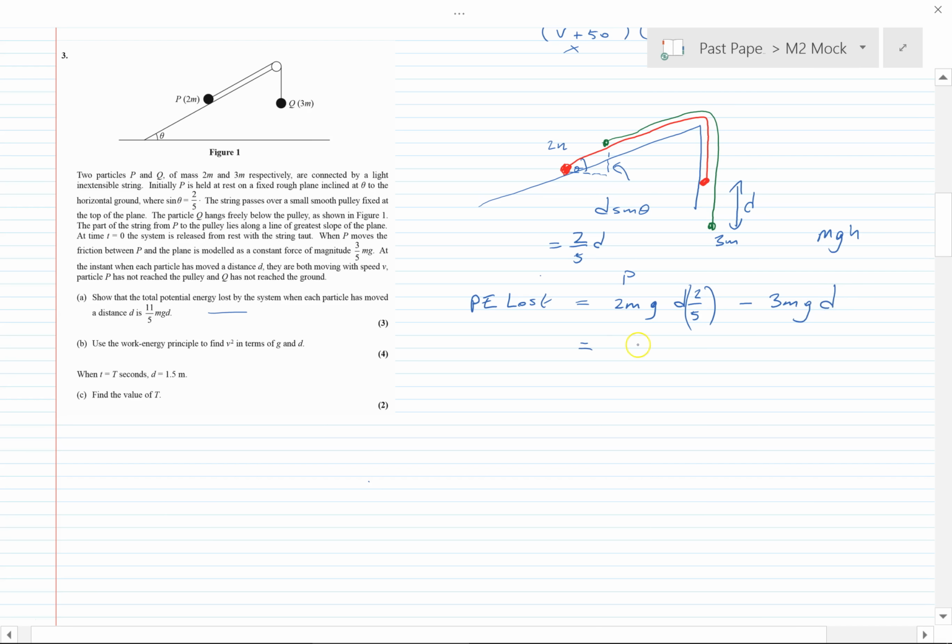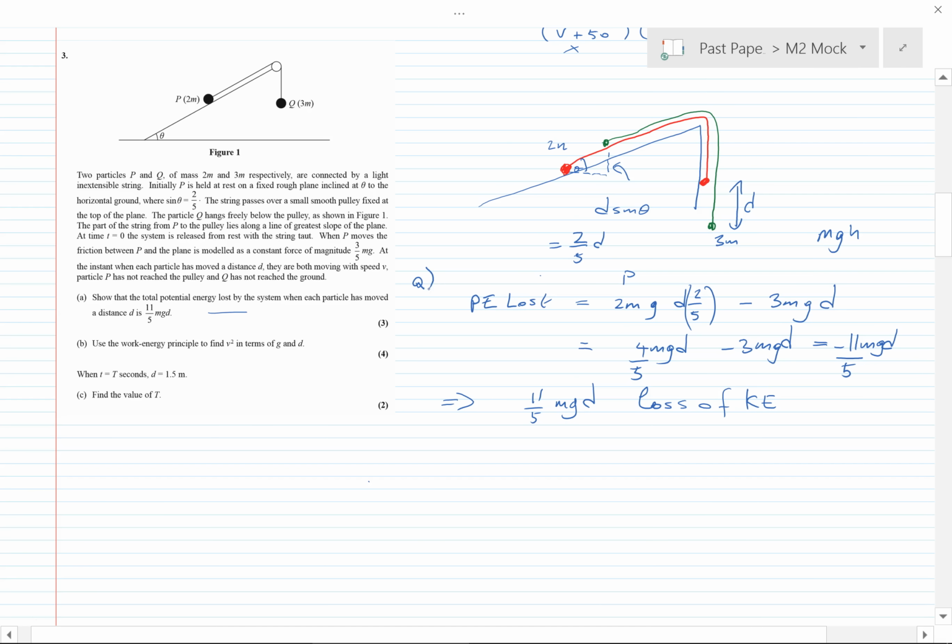So that equals 4mgd over 5 minus 3mgd, which is equal to minus 11mgd over 5, which means that 11 over 5 mgd is lost because of the negative sign. Okay, so that's part A.